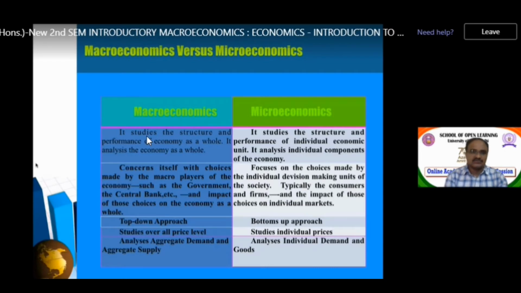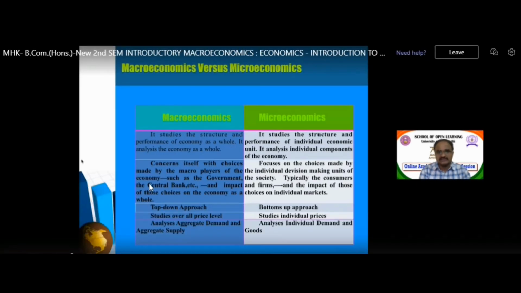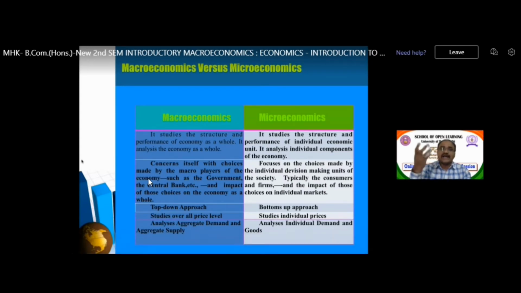Dear students, you can understand that macroeconomics studies the structure and performance of the economy as a whole. It examines the economy as aggregates. But microeconomics studies the structure and performance of individual economic units. It analyzes individual components of the economy.